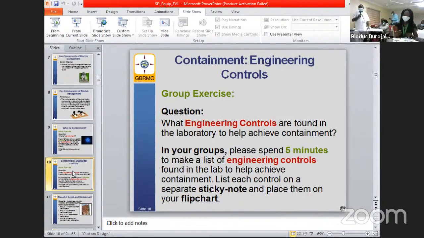Okay, so in the next one, since we now understand, by going through the thinking process of arriving at the definition of containment, the question for each group is, what engineering controls are found in the laboratory to help achieve containment?